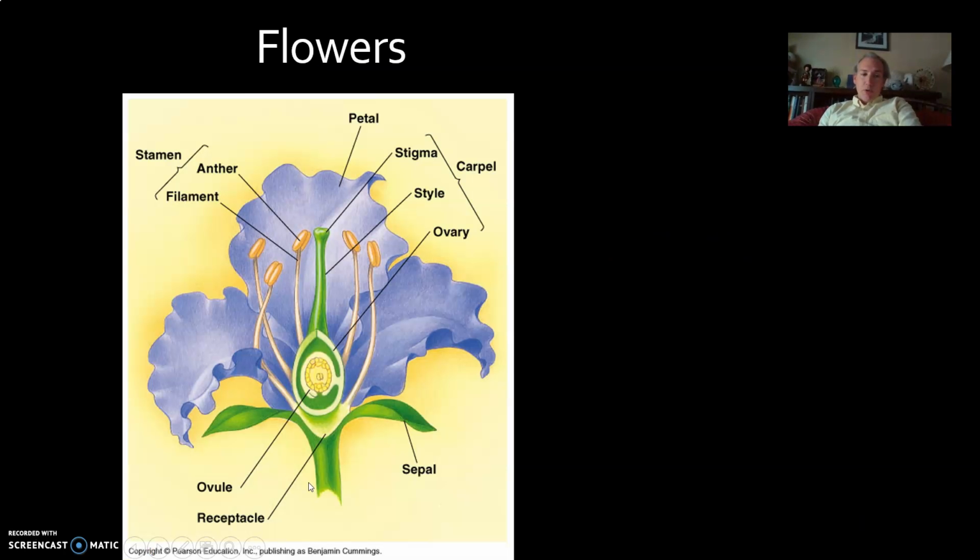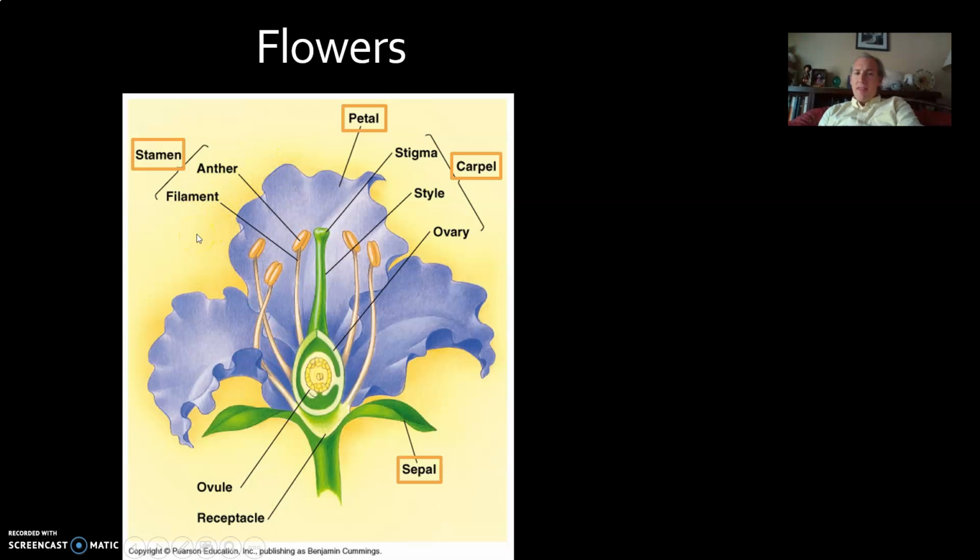And so if we look at a typical flower, this is the flower of an iris. The green stuff that looks like a leaf, but is technically part of the flower itself, are the sepals. And then just inside of that are the ring of the petals that tend to be quite large and brightly colored. And then we've got the reproductive parts, the stamen, which is ultimately producing the pollen. And again, it has subparts as well.